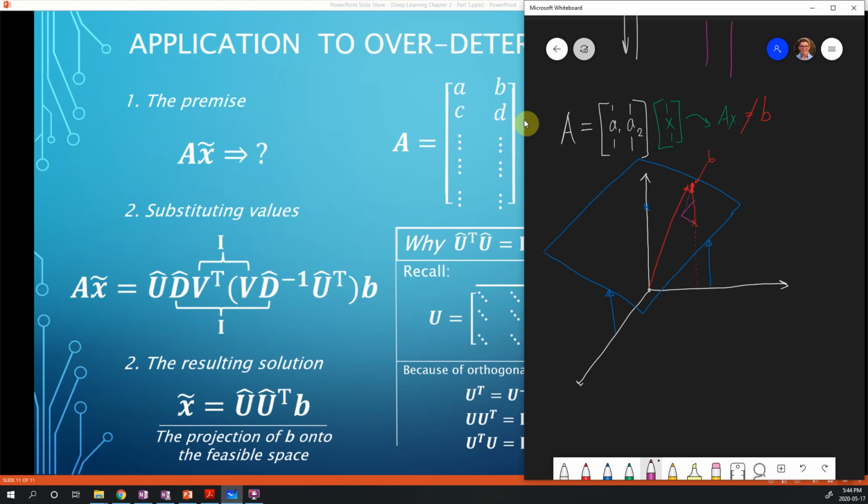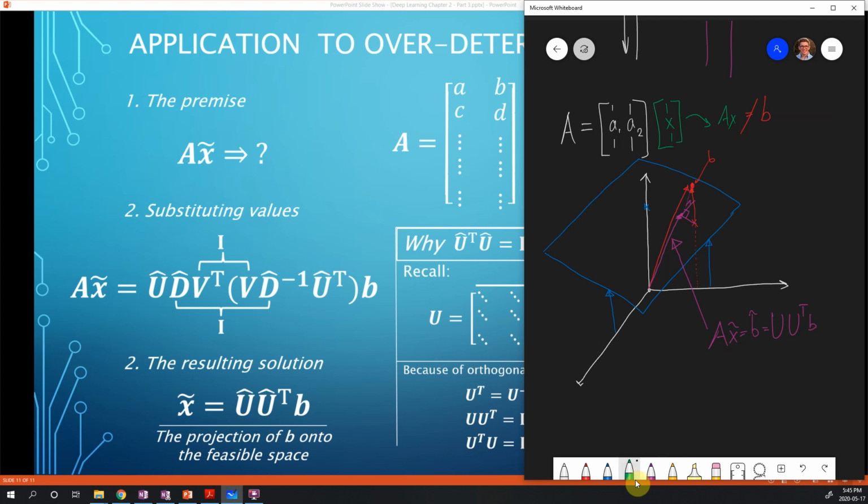So if there's its intersection with the space and it has these right angles with the surface of our subspace, then this vector pointing to this point is actually what our x vector is yielding after being transformed with A. So we have this vector, which is A x tilde, and that's going to be equal to an approximate B. And the approximate B is actually the projection of B onto our subspace.